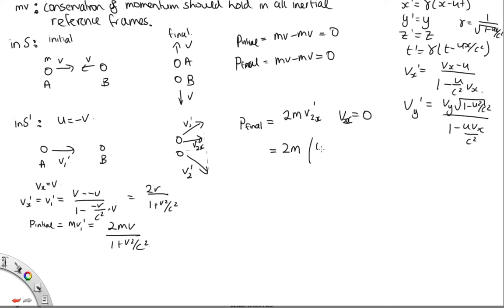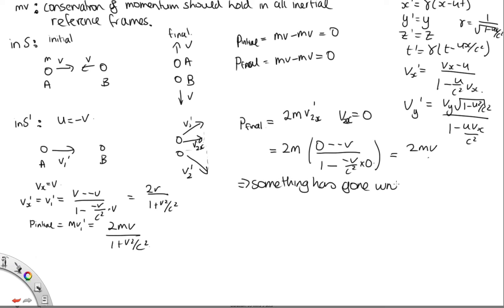V2x is 0, so this is 0. Now u is the same, so this is minus v over 1 minus v on c squared times 0. So this is equal to 2mv on 1. 2mv is not the same as 2mv over 1 plus v squared on c squared. So something's gone wrong. We don't have P initial equal to P final. So we need to rethink how we've defined the momentum.